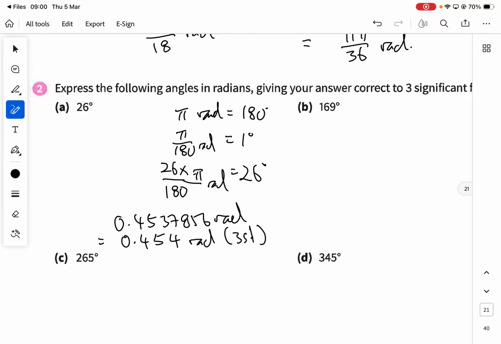So 0.5 radian is the same as 28.647 in terms of degree, or 28.6 to 1 dp. So radian we give in 3 significant figures, degree we give to 1 decimal place.